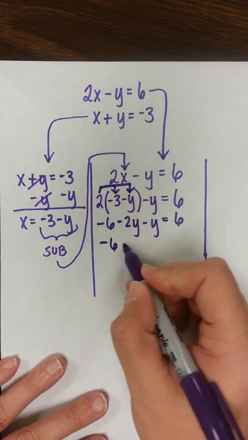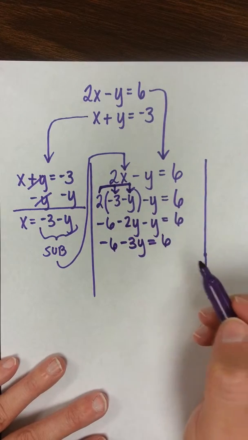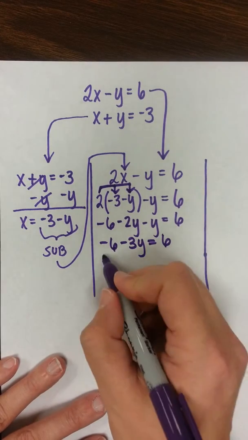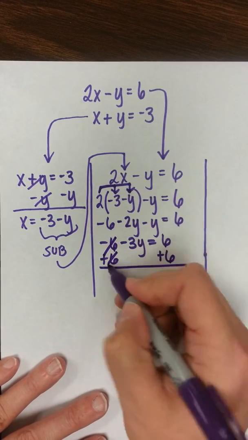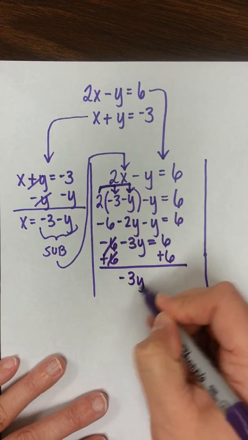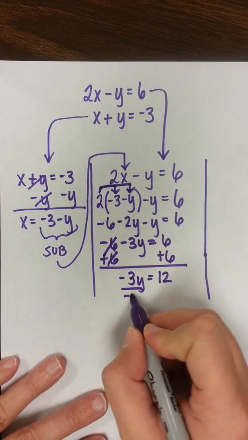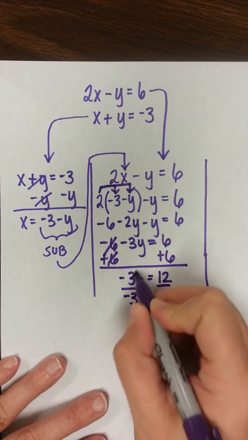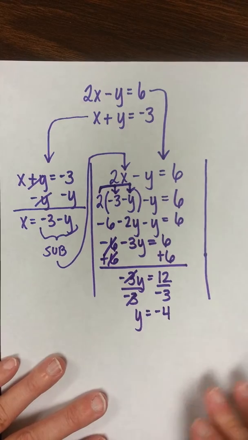So I have negative 6 minus 3y equals 6. I would add 6 to both sides, giving me negative 3y equals 12. Then I would divide both sides by negative 3. So y is equal to negative 4.